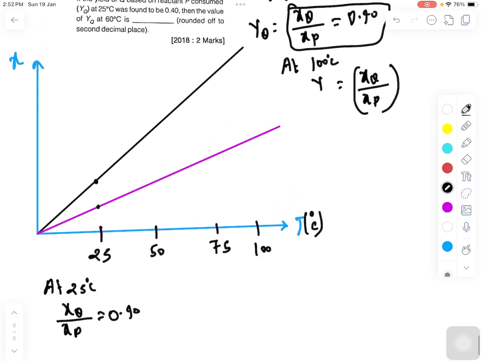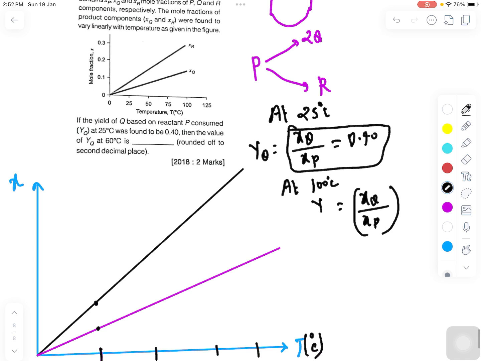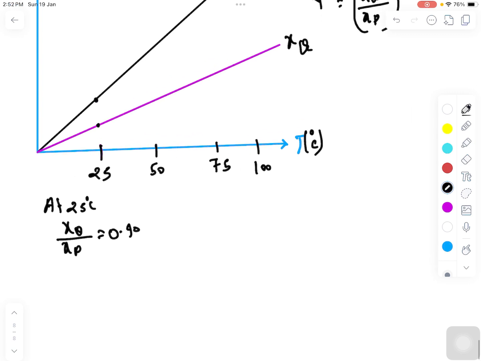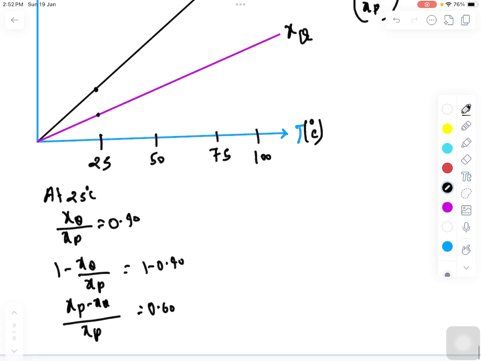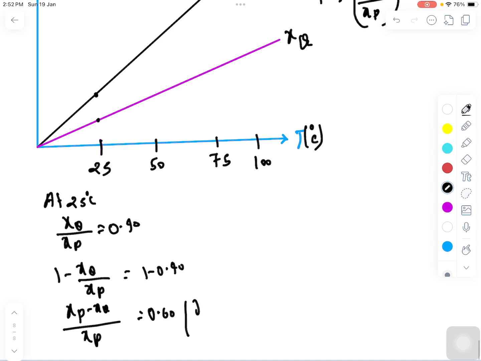But this line shows the mole fraction of XR. If I subtract, 1 minus XQ divided by XP equals 1 minus 0.40. That gives XP minus XQ divided by XP, which is equal to 0.60. So this is your XR divided by XP, which is equal to 0.60.